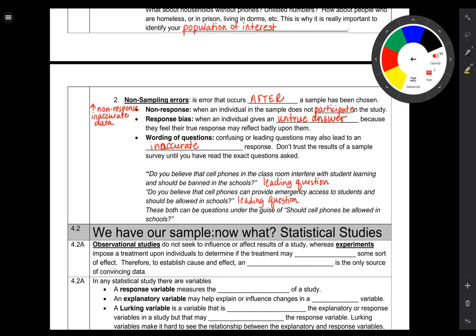So there's that pro against having the cell phone. But it's a leading question, just throwing in the words emergency access. Both of those questions are leading questions and can be questions under the guise of should cell phones be allowed in schools? This is a good neutral question.